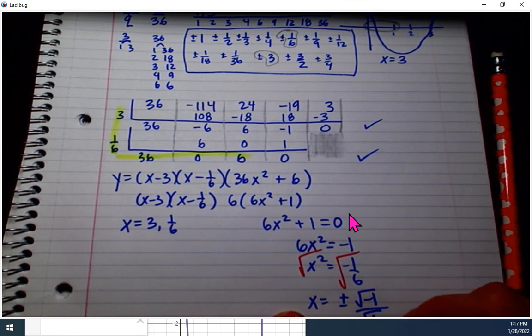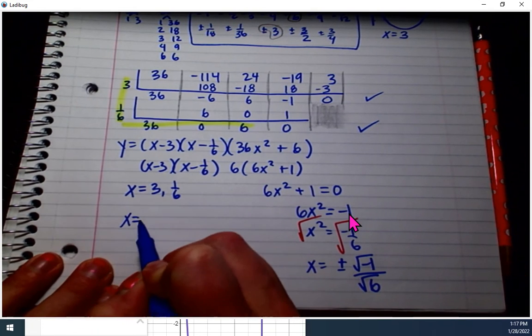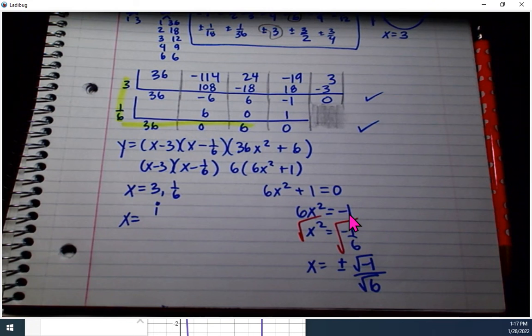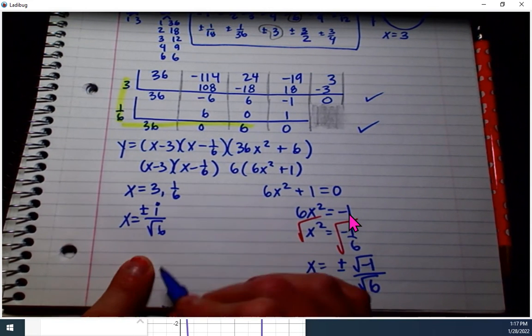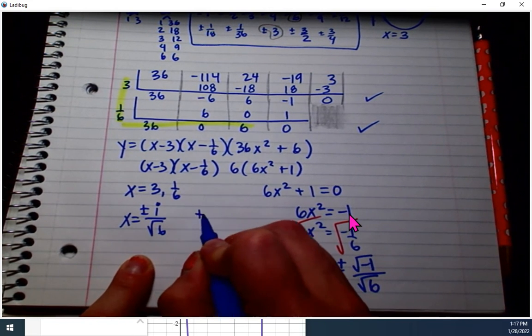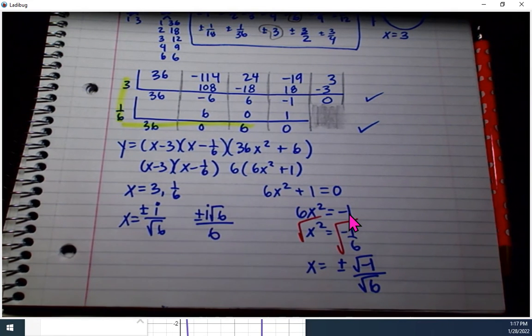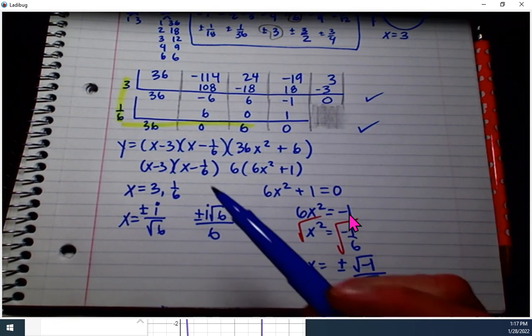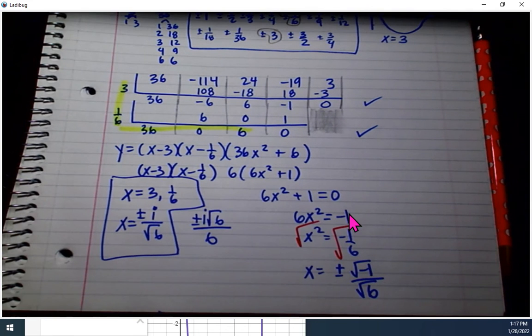What is the square root of -1? i. Okay. Now, you can either leave it like this, or you can write it like this. I will take either at this moment. One of them is rationalized, one of them is not. Whew. Okay, guys. That was a lot.